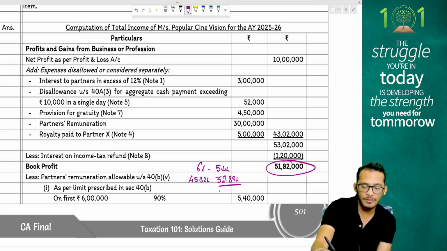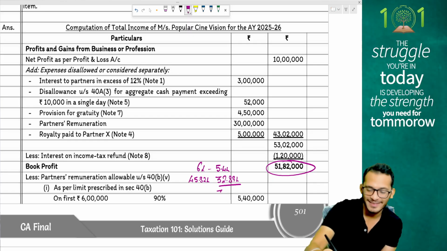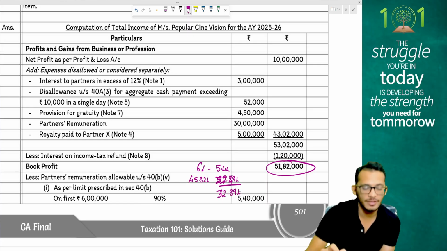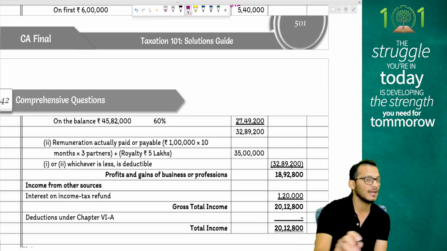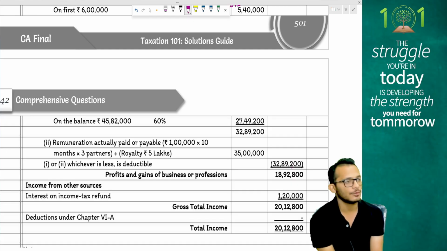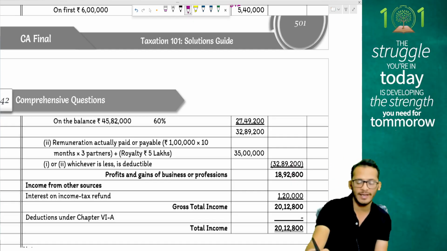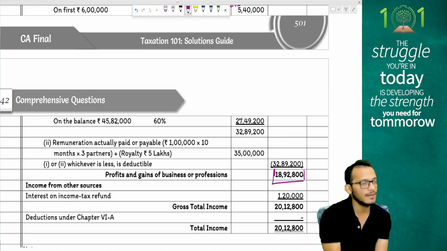So which means it totals to 32.89 lakhs. You should have only paid 32.89 lakhs, but you have ended up paying 35 lakhs. You will allow only 32,89,200, arriving at a PGBP income of 18,92,800.